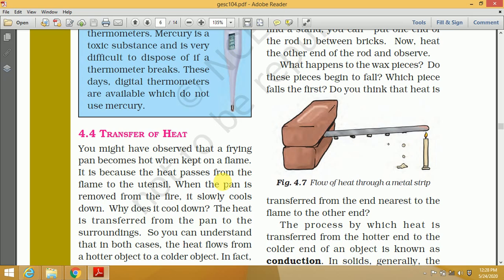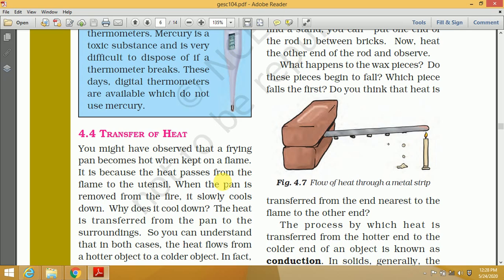Means the heat is going to get transferred from hotter object to colder object. In case of cup of tea, what is the hotter object? The hotter object is tea inside the cup. And what is the colder object? That is the environment, that is the air around the tea.